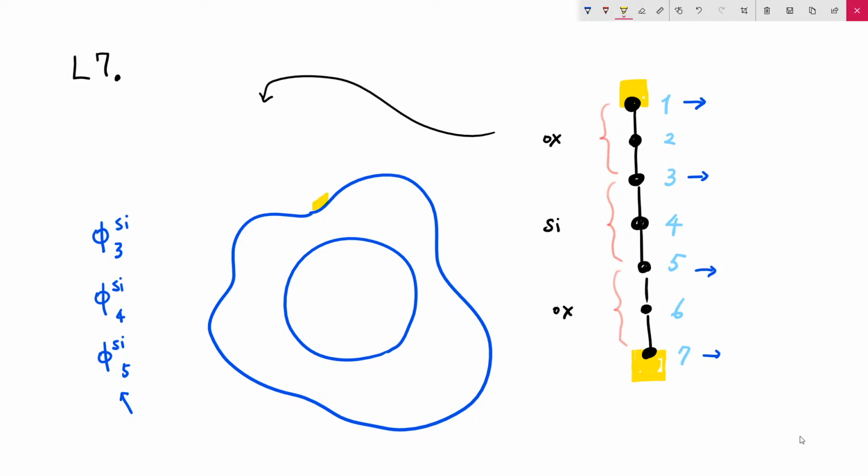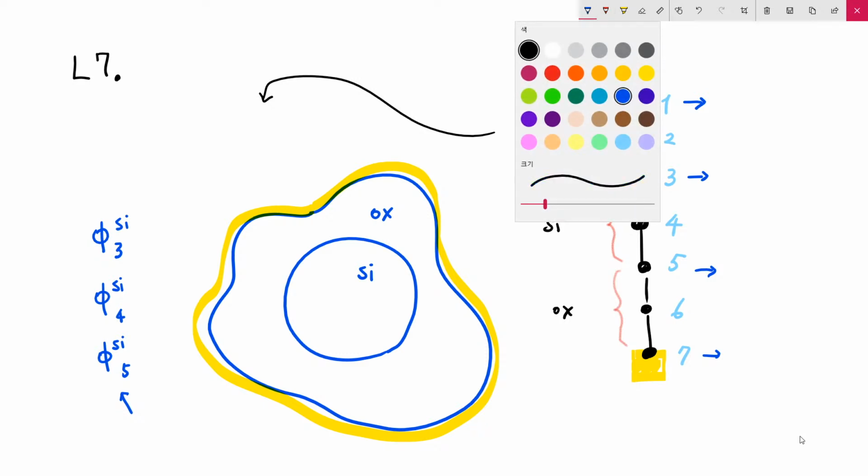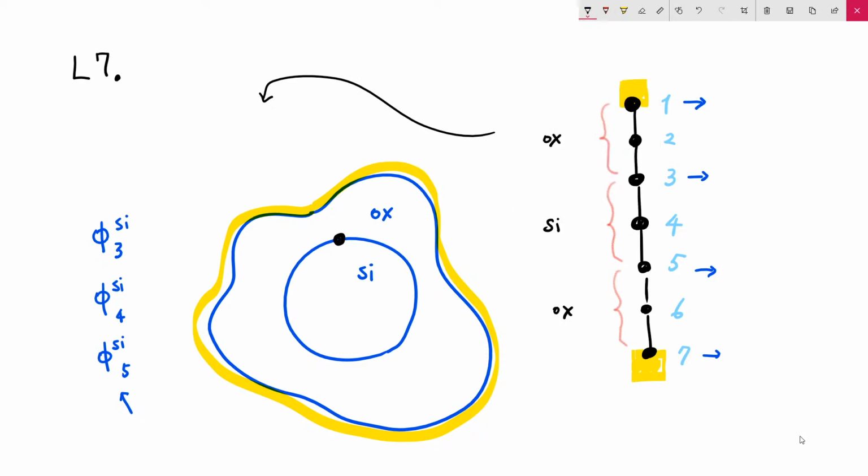Let's say that now you have the surrounding gate over your system, and this is fully made of oxide and silicon, and say that now you have certain points here and here and here, here. So I will just draw part of it.